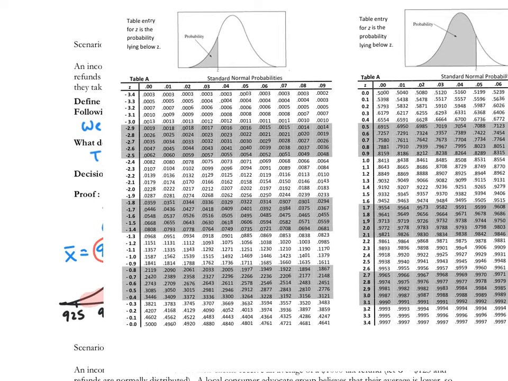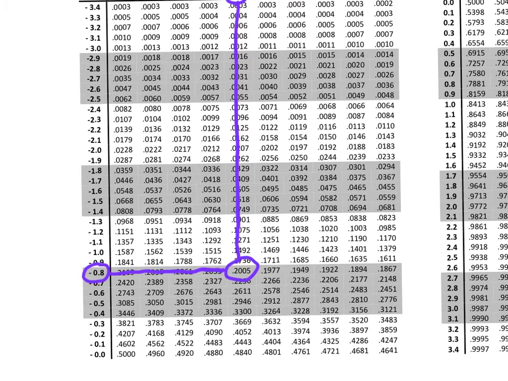I see that negative 0.8 is there, and 4 is up here. And so where do these meet? What probability do they meet at? So can we zoom in? Yeah, it's 0.2005.